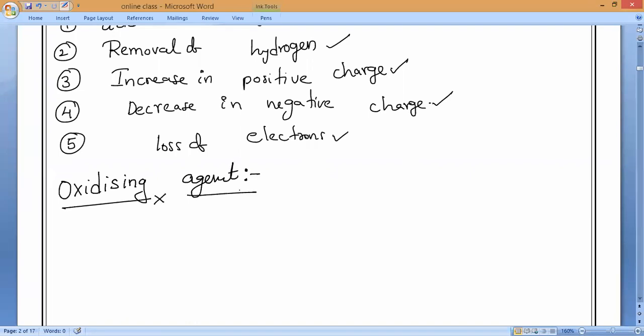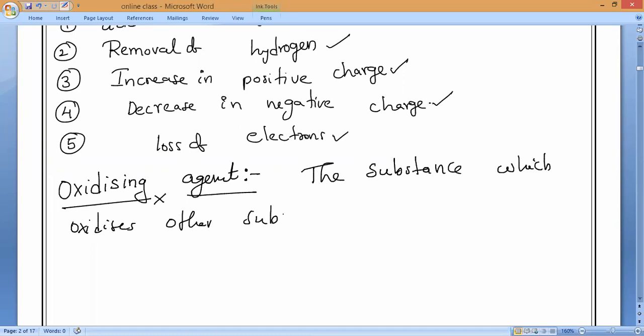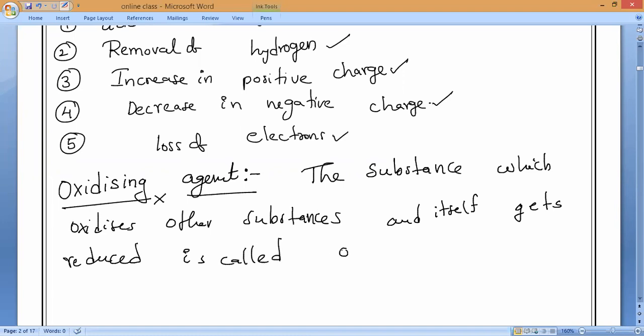The oxidizing agent means the substance which oxidizes other substances and itself gets reduced.